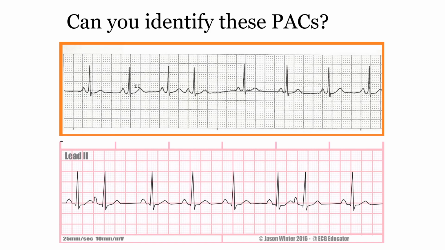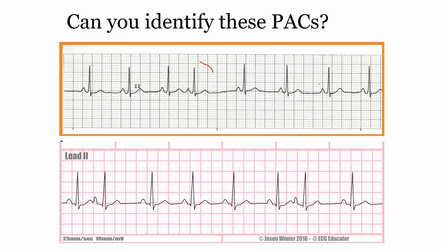If we just counted the spaces between R to R's, we would have to say it was irregular because there is one complex in the top strip that does not occur at an equal distance from either of the R's on either side. But if we exclude that single complex, the rest of the strip will be equally distanced between R to R. So, can you identify the PAC?